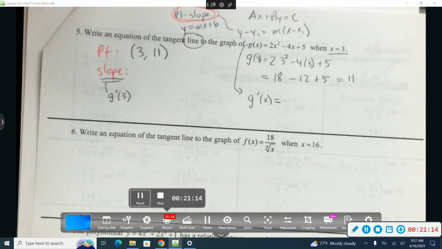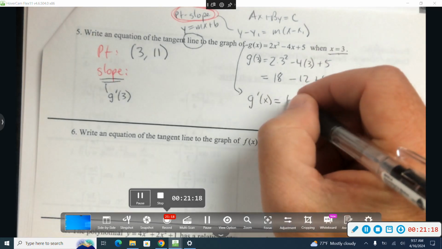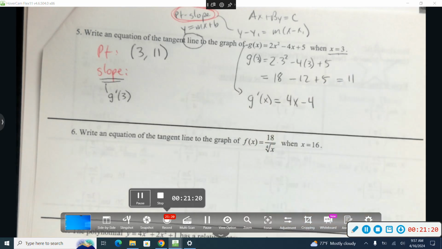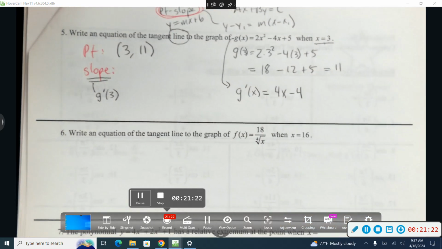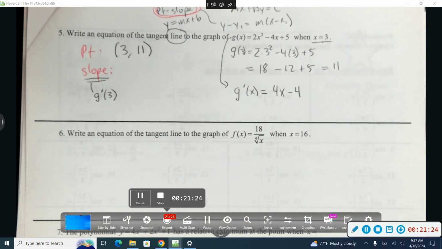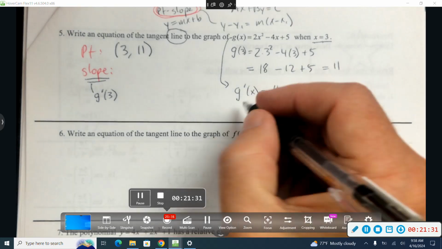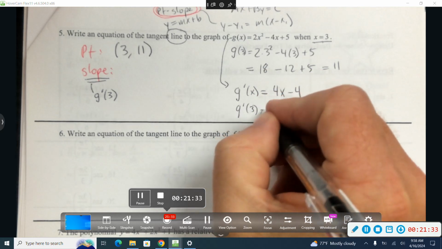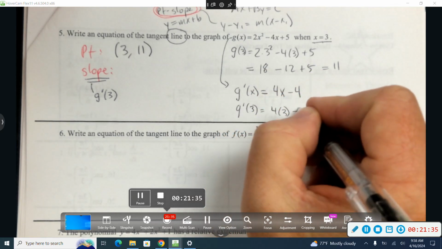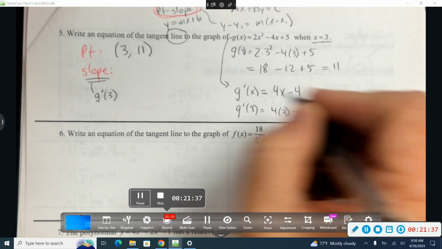So derivative, let's see, that would be 4x minus 4. And then to find the derivative at 3, plug in 3. 4 times 3 minus 4. 12 minus 4 is 8.